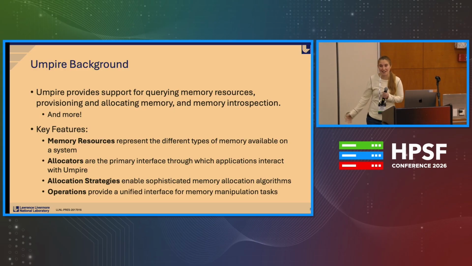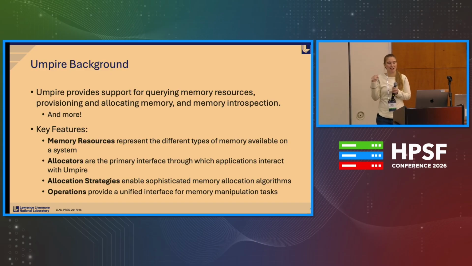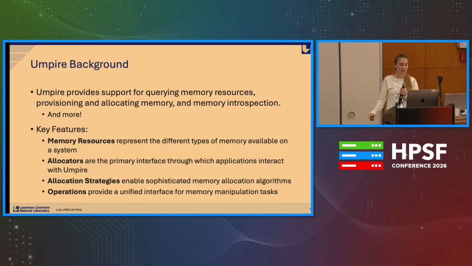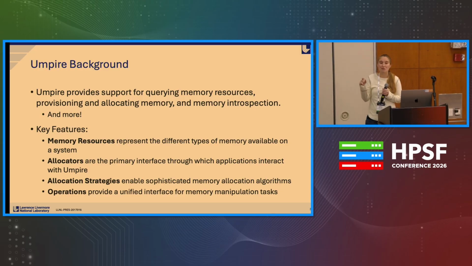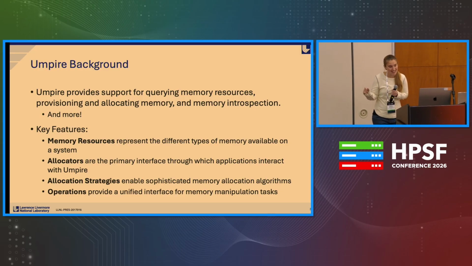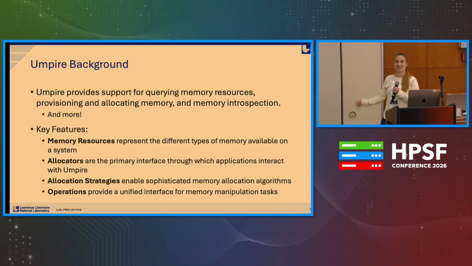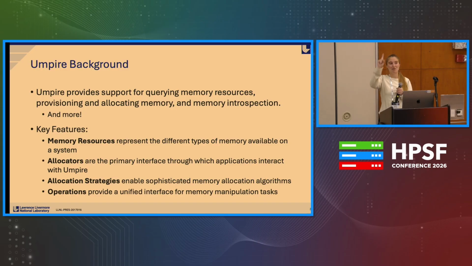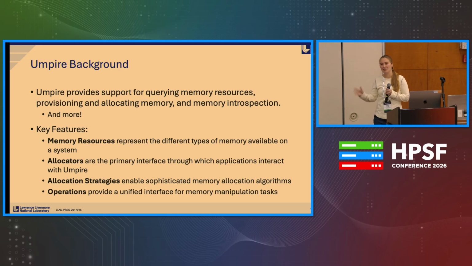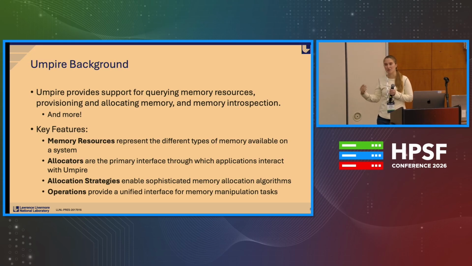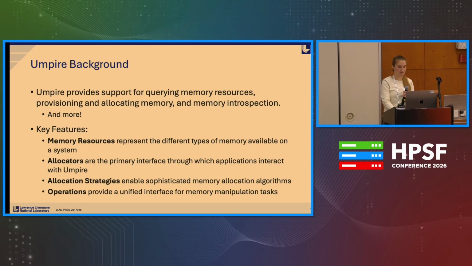You have your allocators, which is what you primarily interface with when you're doing your Umpire allocations. And then some cool allocation strategies: more sophisticated memory allocation algorithms, stuff like memory pools, which are very exciting. And then we have our operations, so you can do a copy or a move through Umpire.